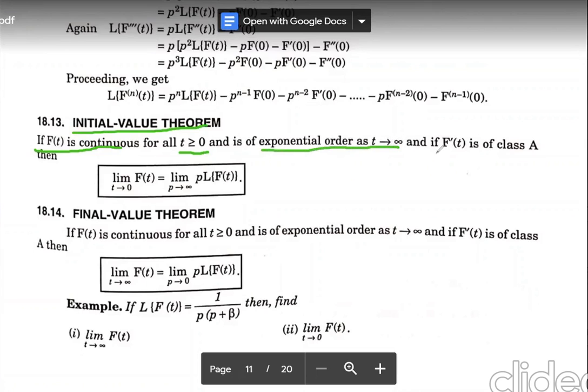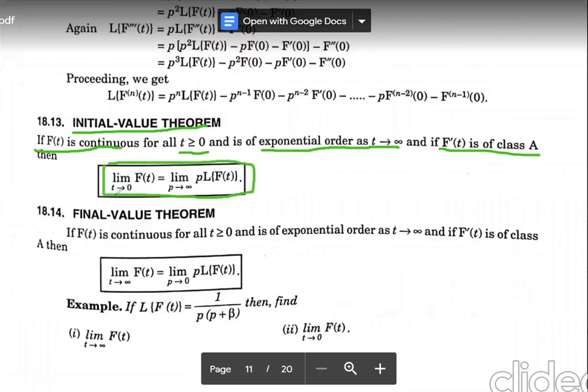And if f dash t is of class A, then limit t tends to 0 f of t is equal to limit p tends to infinity p into Laplace transform of f of t. Very simple. Just you need to remember this one.